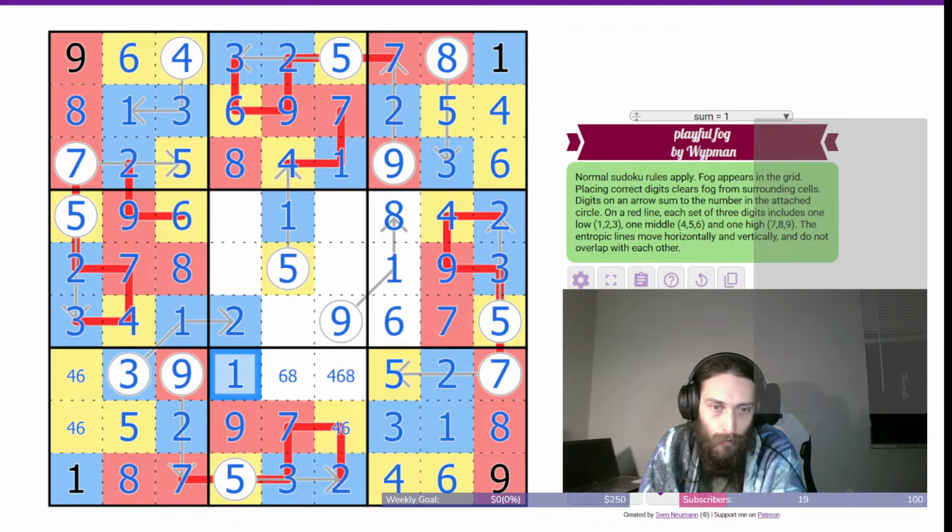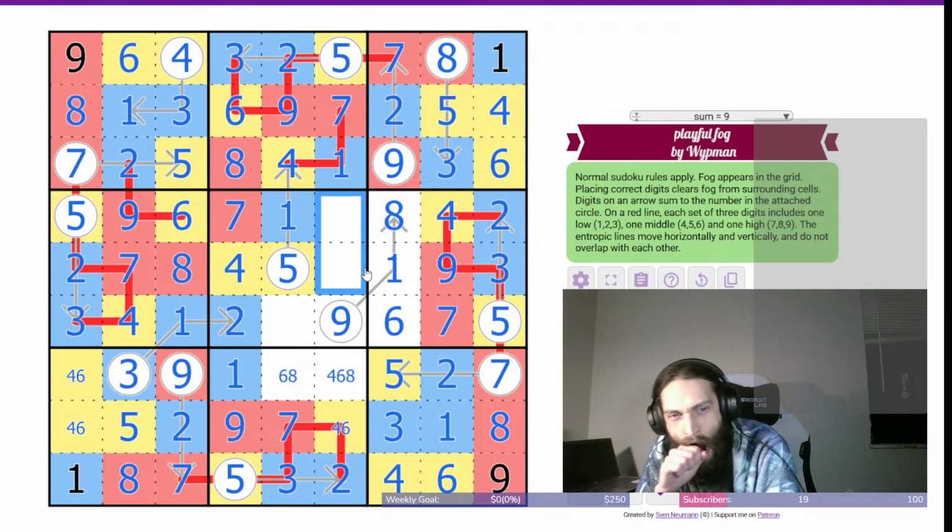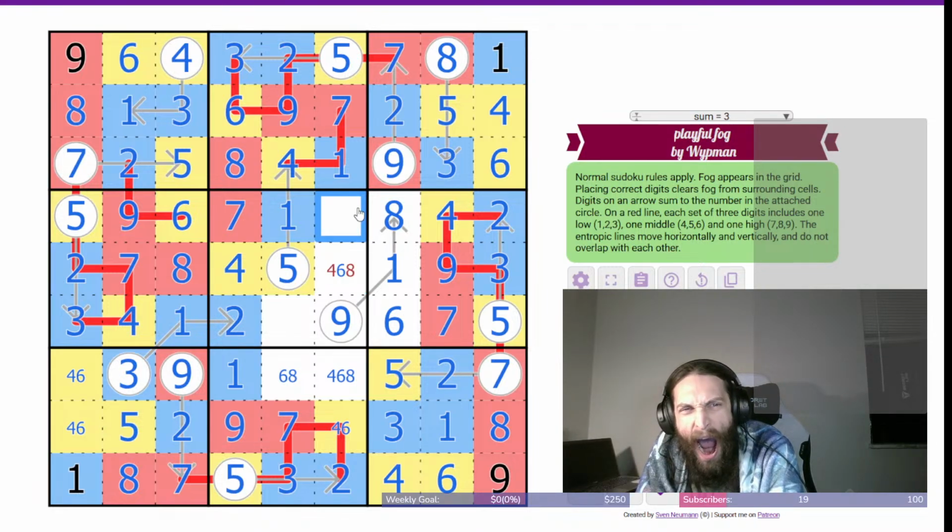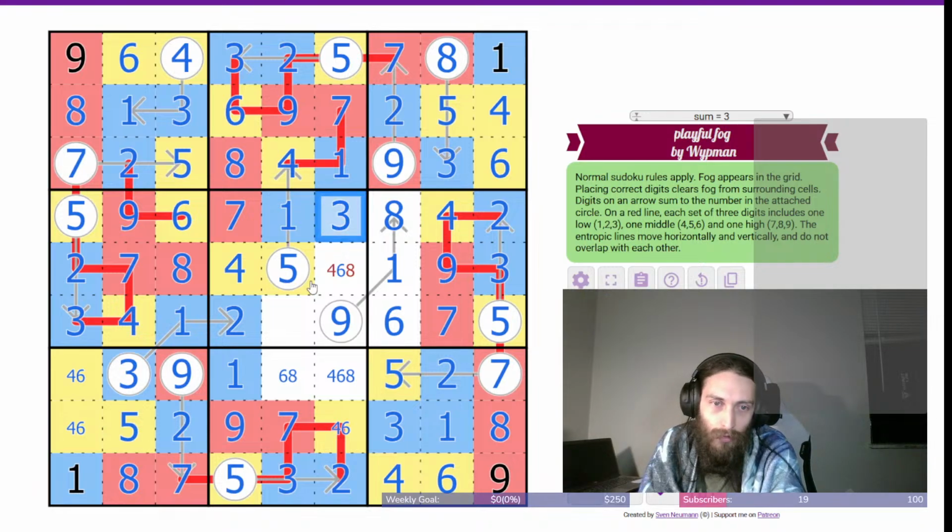This is only 1 in a row. But 4 and 7. Three looks like, maybe a 6, 4, 8. So this red is yellow.